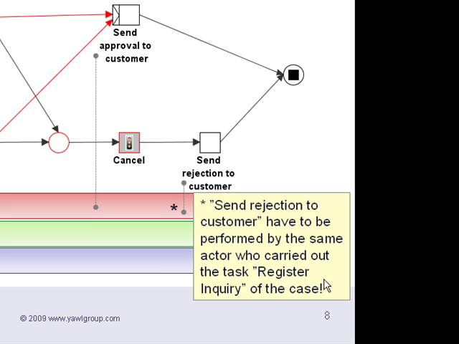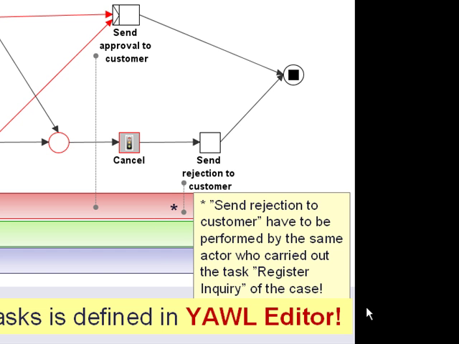They are just noted in natural language. How these are captured in YAWL will be demonstrated during the tutorials for the YAWL editor. The resource allocation of tasks is defined in the YAWL editor through a Managing Resources wizard. These too will be introduced in the tutorial for the YAWL editor.